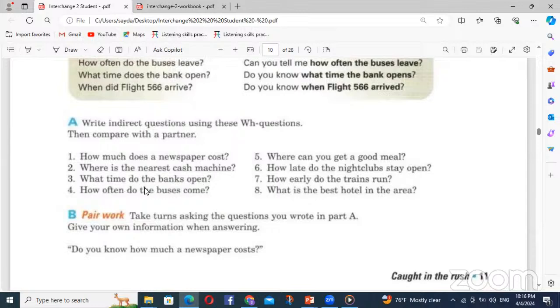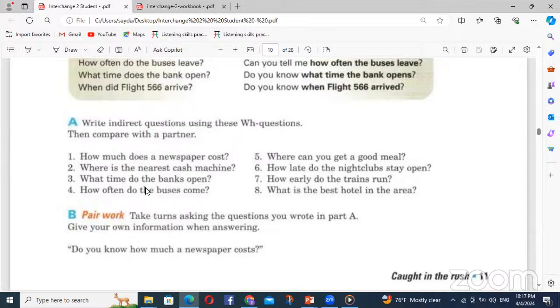How often do the buses come? Can you tell me how often the buses come? Do you know how often the buses come? How often, go on, let people say it.